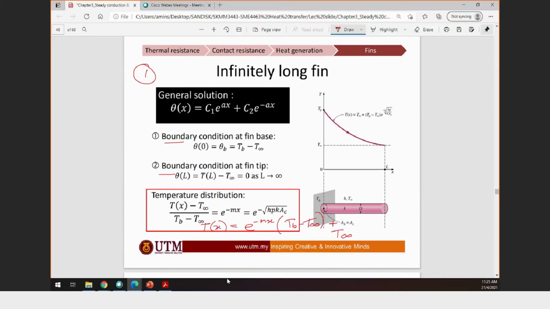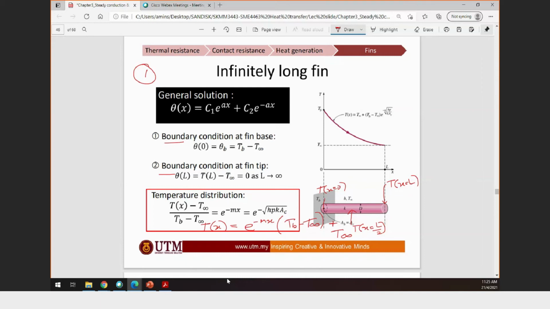That means T(x) from here, T when x equals 0, T when x equals L, and T when x goes to L over 2. When you plot the temperature across the fin, you may get this kind of pattern.